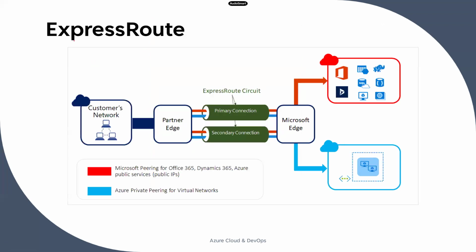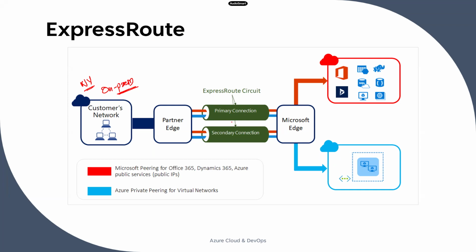Yeah, this is the ExpressRoute. See, here we have a customer network, right? Customer network means we can call it on-prem, which means the office or somewhere, say in New York. There will be a connection to Azure, so that we can deploy the resources and manage them.